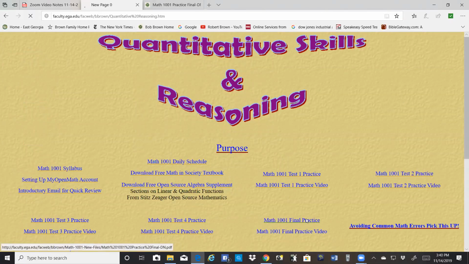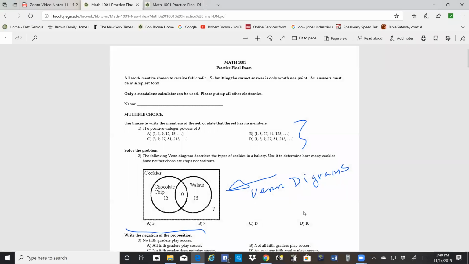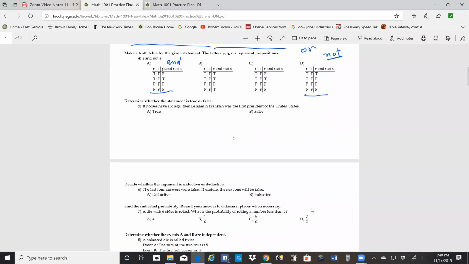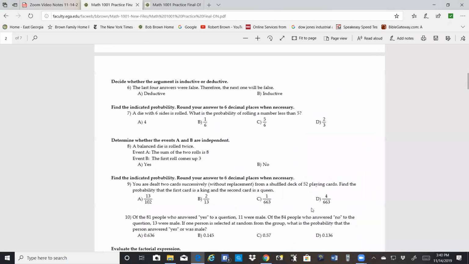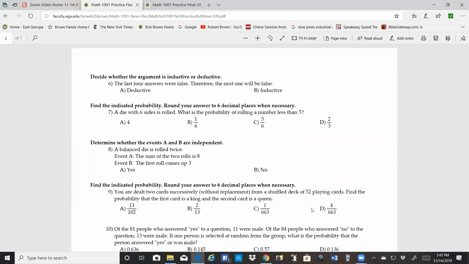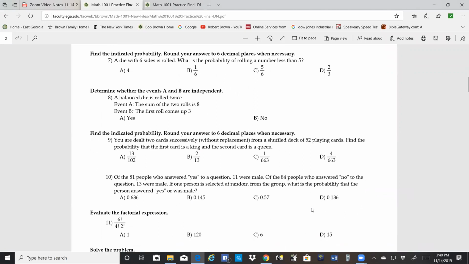Here's the final practice. For some reason it froze for a second, but basically you can see the kind of problems we've got: deductive and inductive reasoning. Then we've got some probability that you already know how to work or should know how to work.